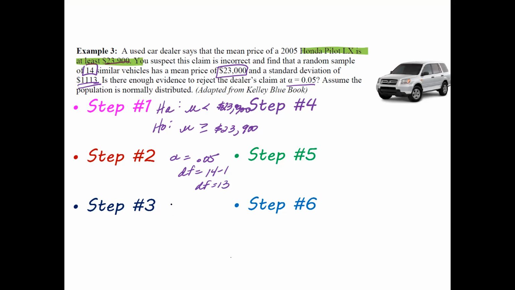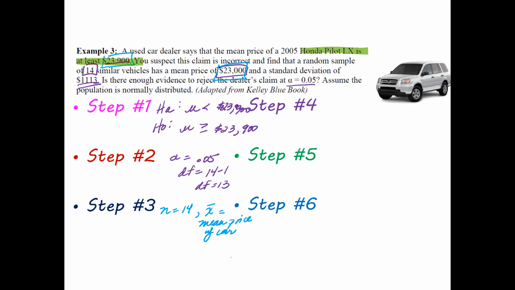Step 3, you need to find the components of everything that we've listed. So that includes n equals 14, x bar, which is going to be the mean price of the car. Remember you have a mean price of 23,900 or 23,000.